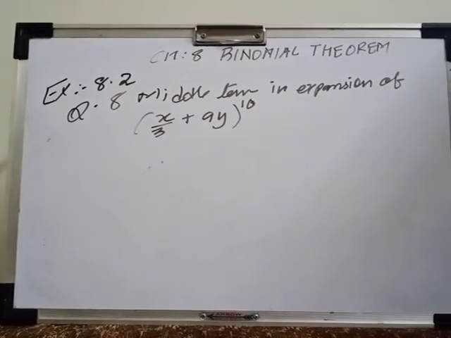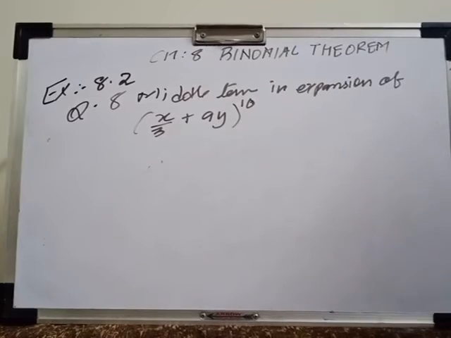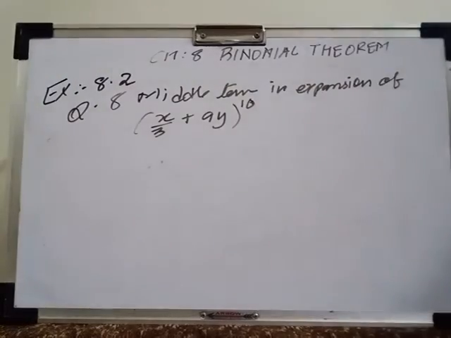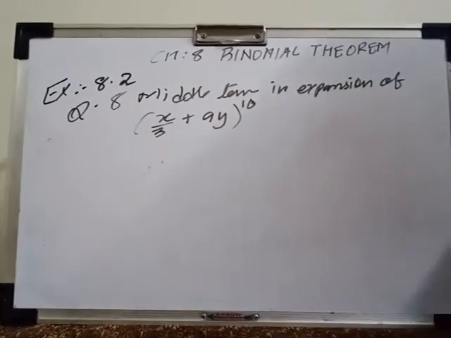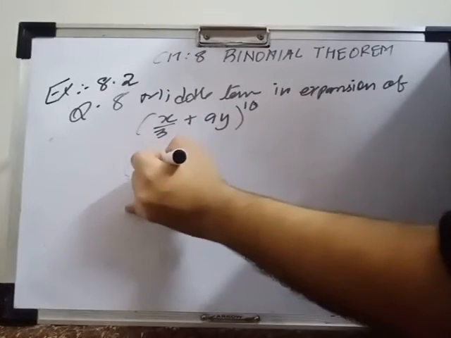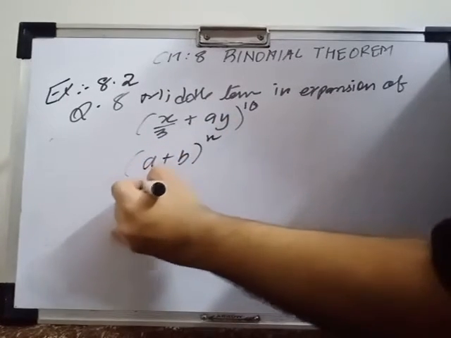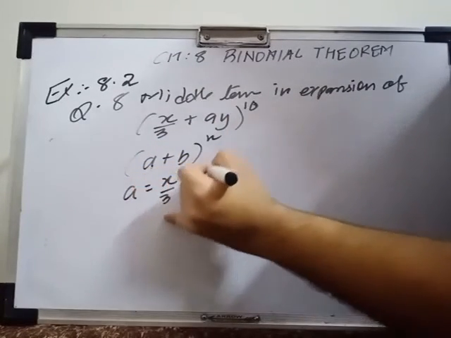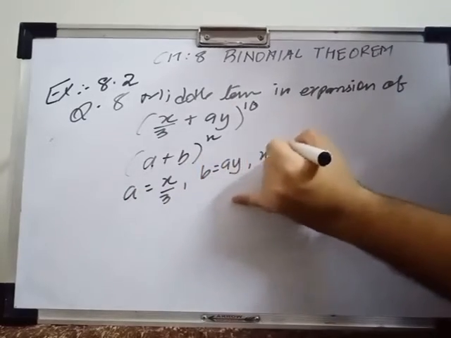Let's understand the eighth question of exercise 8.2, where we are asked to find the middle term in the expansion of x by 3 plus 9 by y raised to 10. So if I compare this with a plus b raised to n, then a is x by 3, b is 9 by y, whereas n is equal to 10.